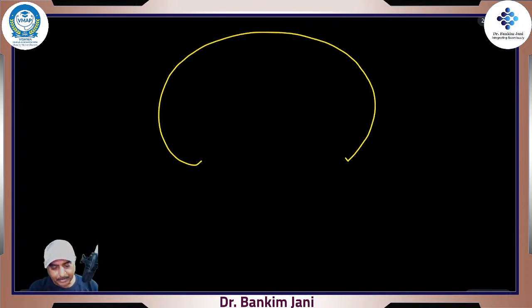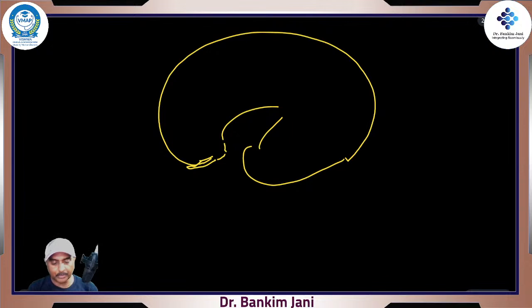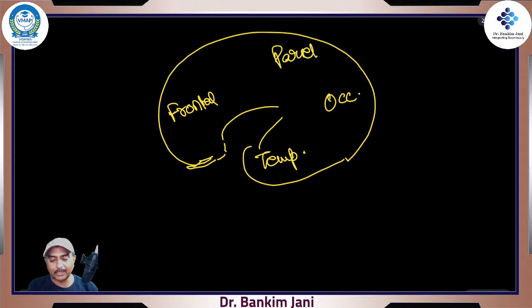Then there is the olfactory bulb over here, and the rest of the areas in the form of the temporal lobe. So there would be the frontal lobe, the occipital lobe, and below the temporal lobe, and over here the parietal lobe. These are the lobes.